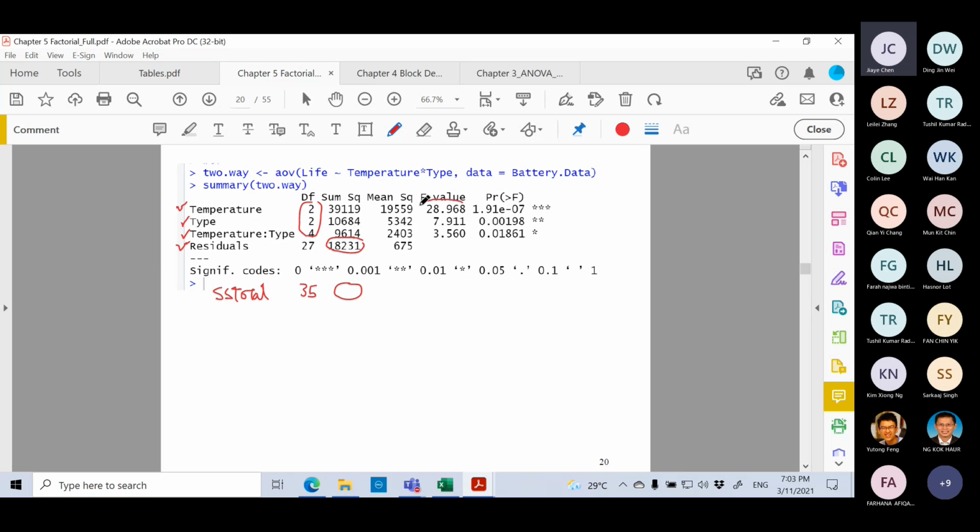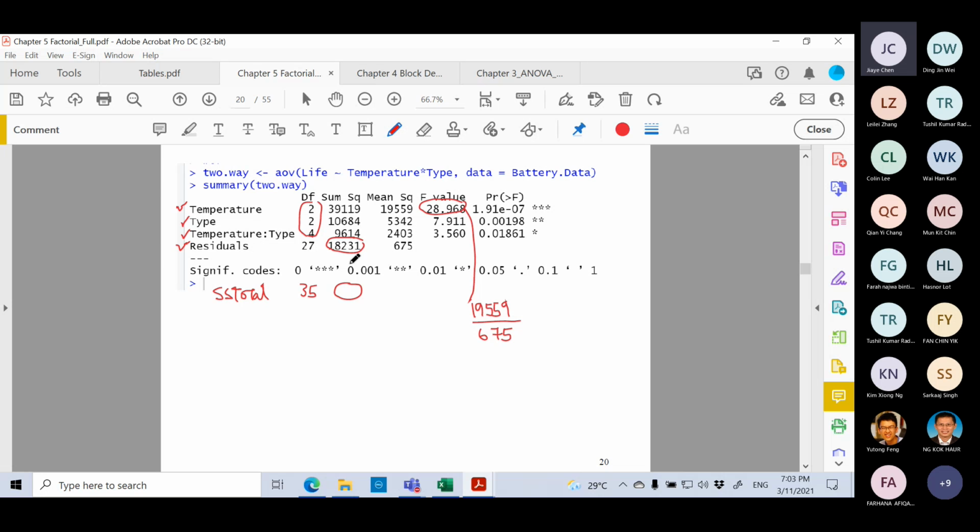So this value is obtained from 19559 divided by 675, then you get 28.968. Similarly, for the second one and the third one, all are divided by the residue: MSA divided by MSE, MSB divided by MSE, MSAB divided by MSE. So all these three you have.